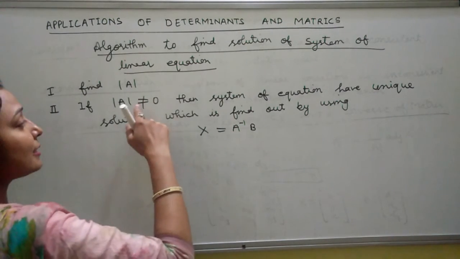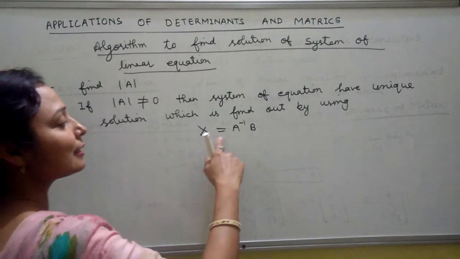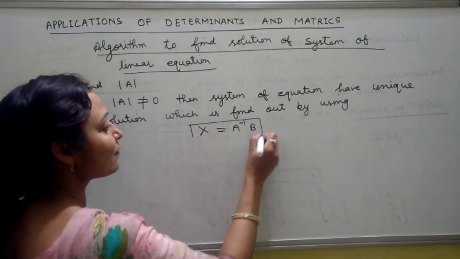So if A determinant not equals to 0, only in that case we have to use this one.